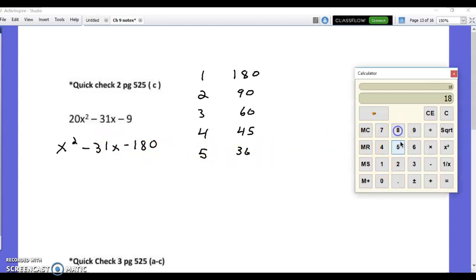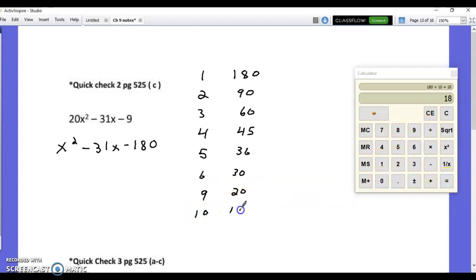But I'll keep going. 180 divided by 6, 6 and 30. 180 divided by 7, nope. 180 divided by 8, that's not going to be. So I'm just showing you my process of how I get this. 180 divided by 9, 9 and 20. 180 divided by 10, yep, 10 and 18.